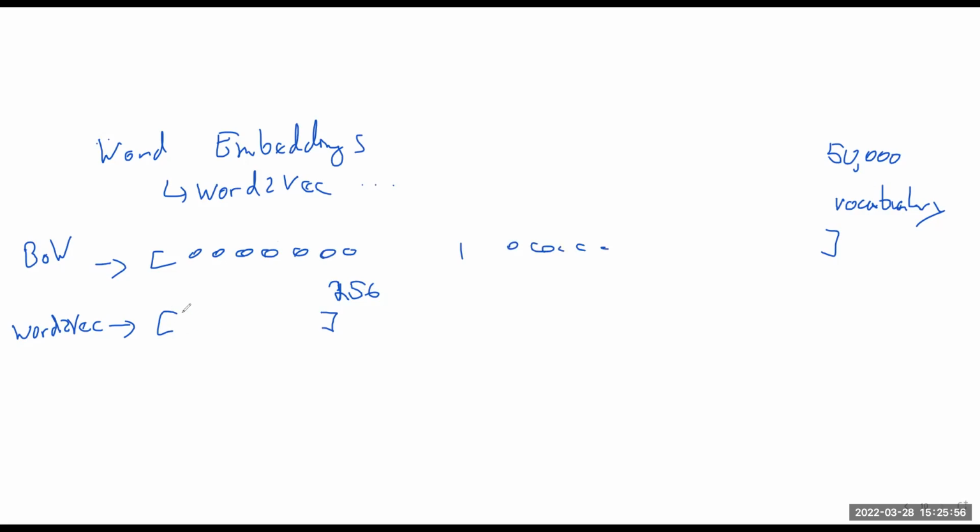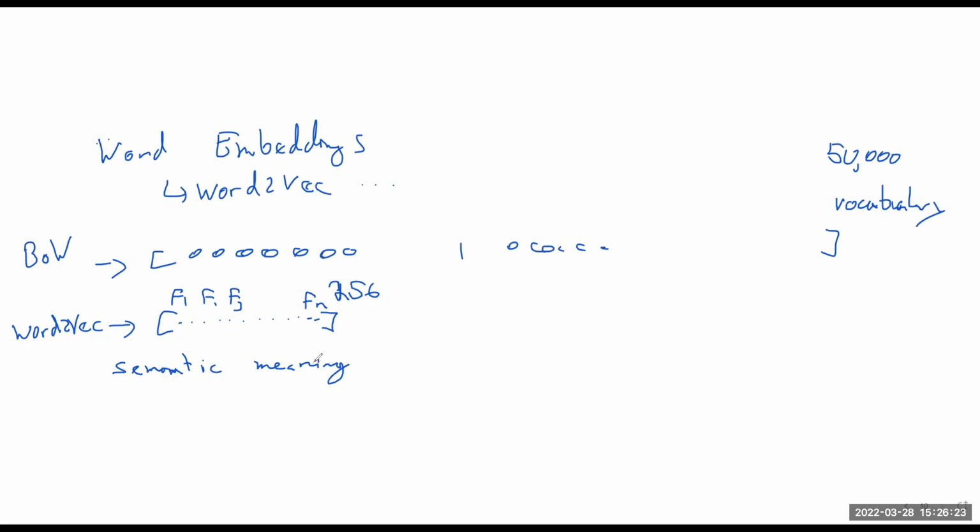Instead, all the 256 features have values in them. And also, these are features, basically, and each one of these has semantic meaning. So it's no longer sparse, and the features have meaning.